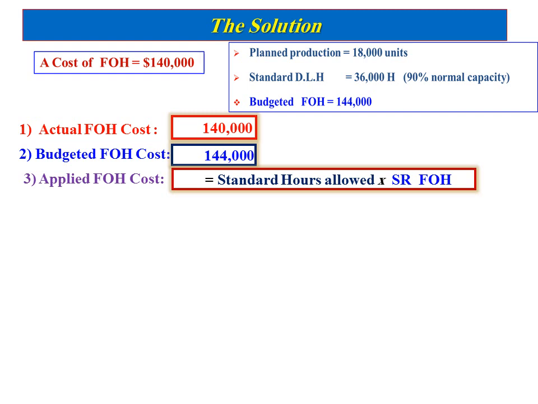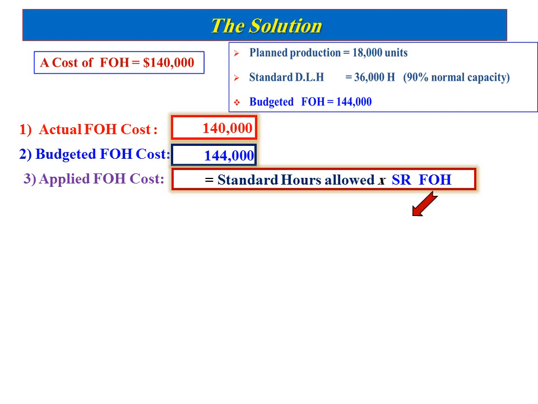I calculate standard hours allowed when I analyze variances of direct labor and use the same standard hours allowed when I analyze variable overhead. And for the third time, I will use the same standard hours allowed when I analyze fixed overhead. If you remember, standard hours allowed 32. So my problem is to calculate standard rate for fixed overhead.